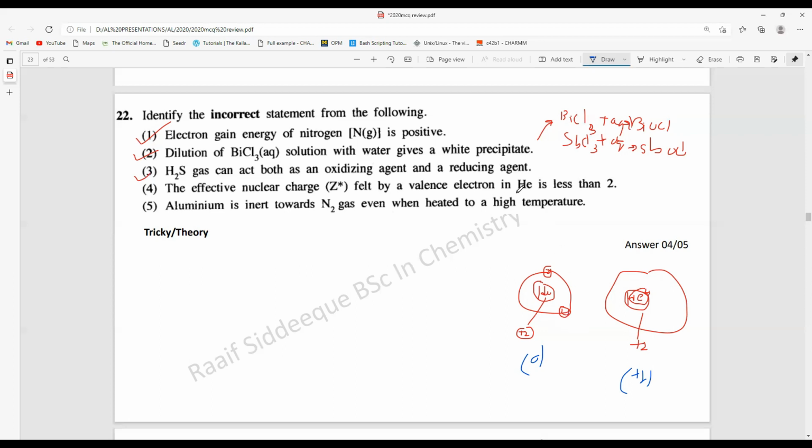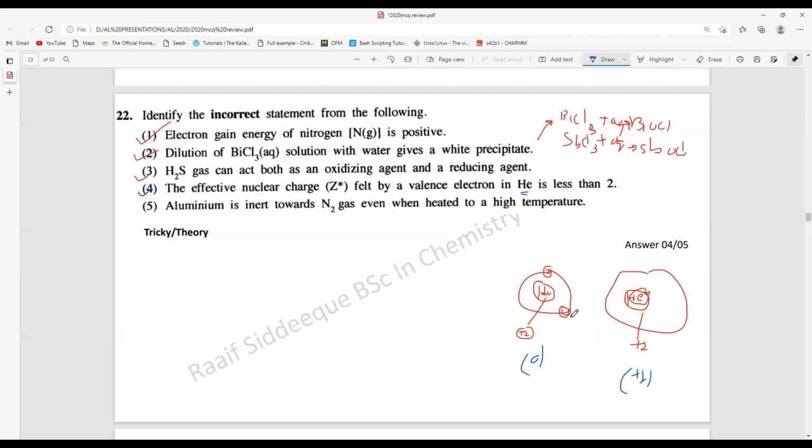This is only talking about the helium atom, so if you think in that way, this is correct. But they have taken this as a wrong answer, and I do not know the reason exactly. I think that since it cannot be directly said that it is less than 2, they might have taken this one as wrong, because there are other factors that can determine this value.